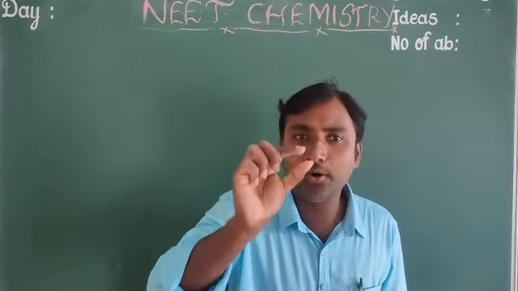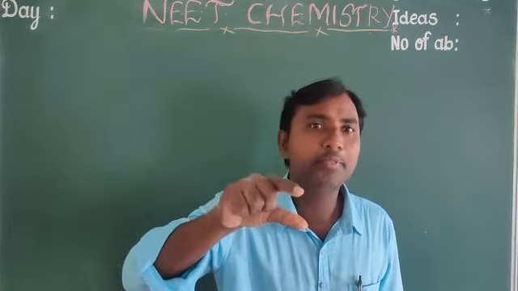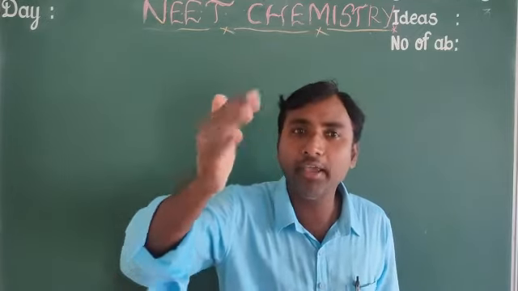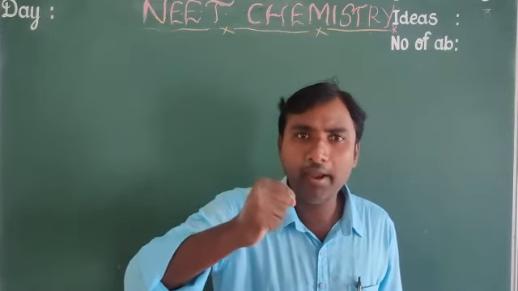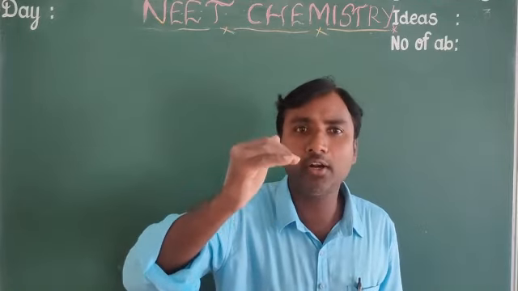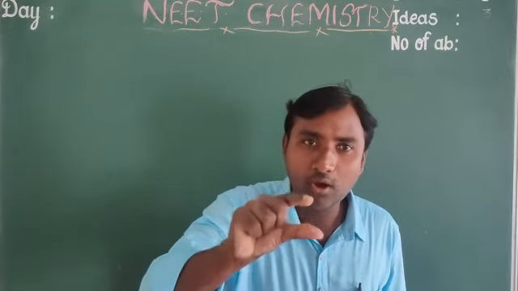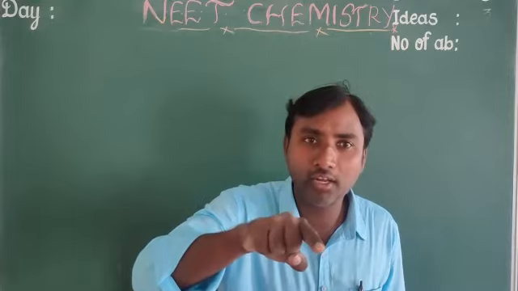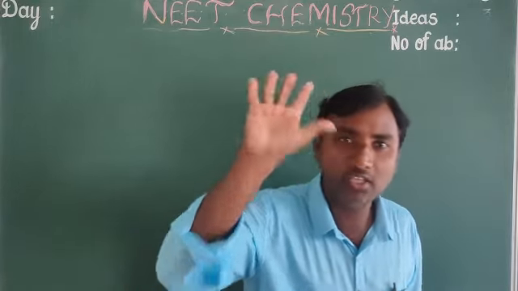This electronegativity depends on the effective nuclear charge and also atomic size. Okay, one atom or one element can attract the electrons towards itself depending on that element's effective nuclear charge and also its atomic size.